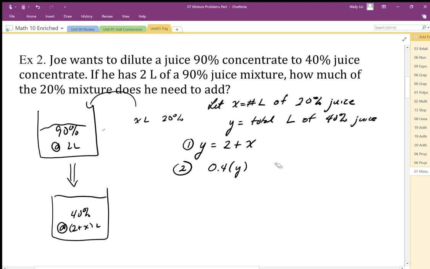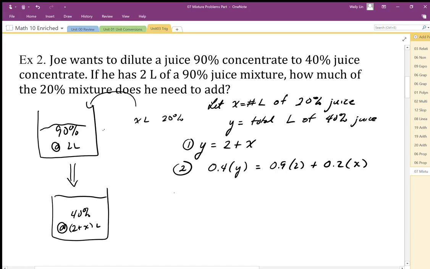That's going to be comprised of 90% times 2 liters plus 20% times x liters. This is the amount of concentrated juice in the 2 liters of 90%, and this is the amount of concentrated juice that we had in the x liters of 20%.